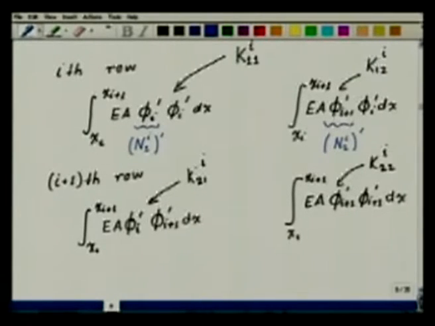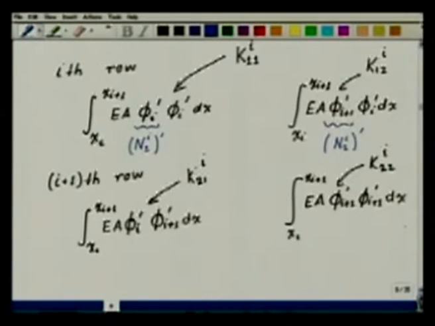So for a given element, naturally the first entry will be EA n1 prime n1 prime, the second entry will be n1 prime n2 prime, and for the second row, the first entry will be n2 prime n1 prime, and the second entry of the second row will be n2 prime n2 prime.